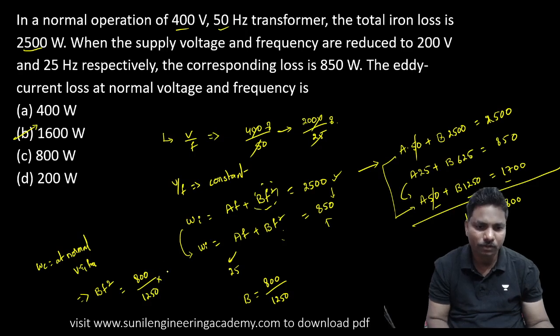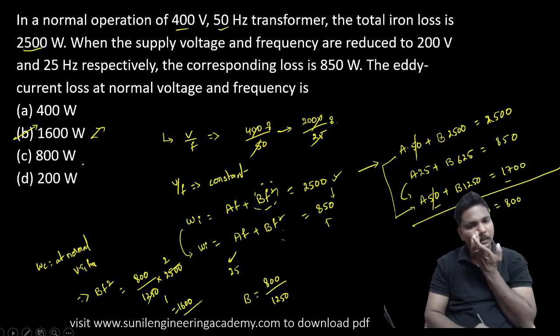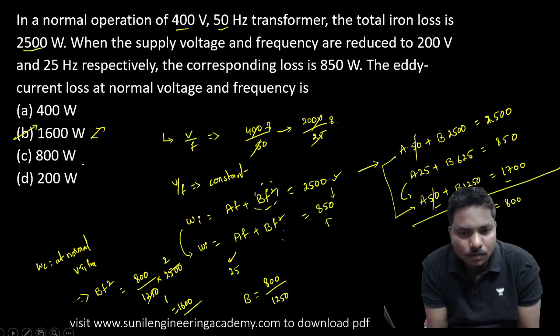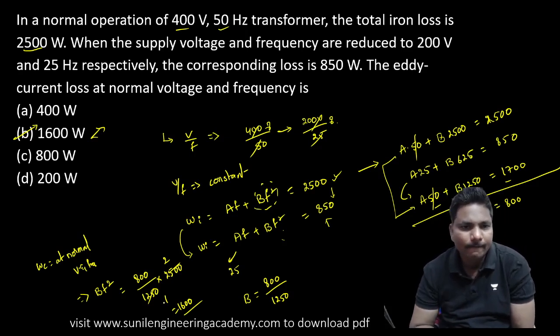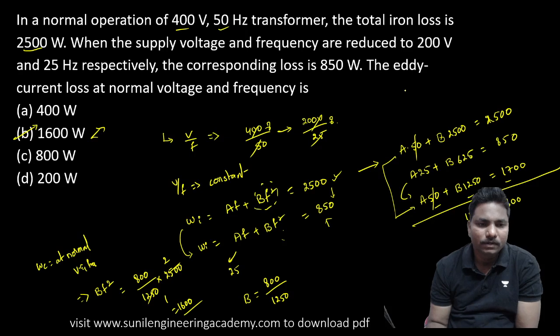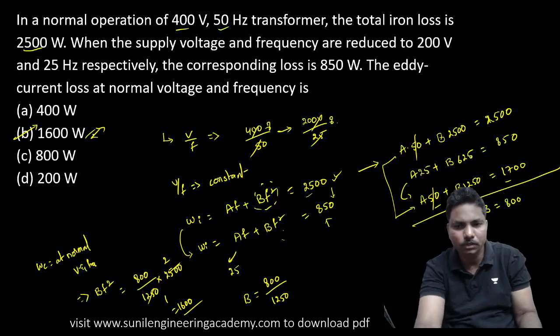Frequency is 50, 50 square is 2500, no? So ones, twos, that is 1600 you will get. That is what I said. The eddy current losses are always somewhat higher. So maybe those are 1600, or directly you can do. Coming to the next question.